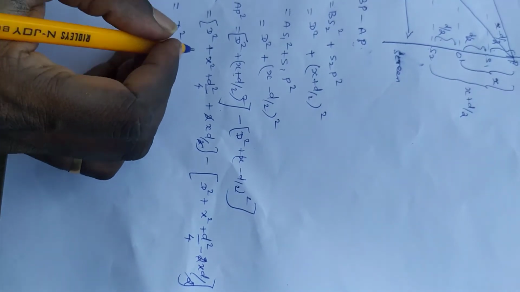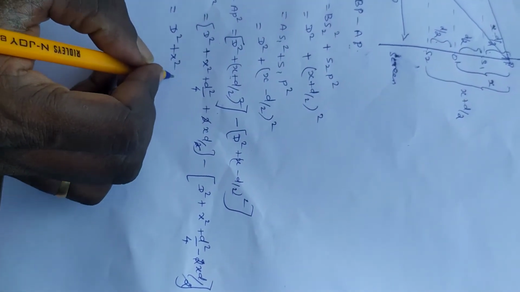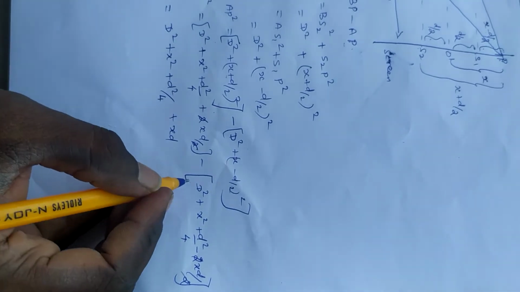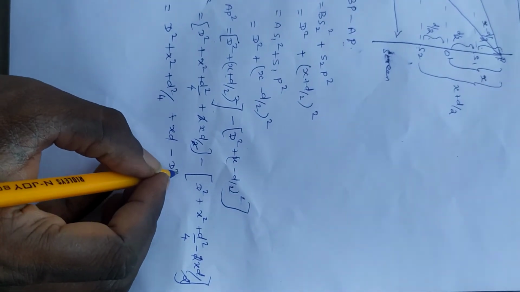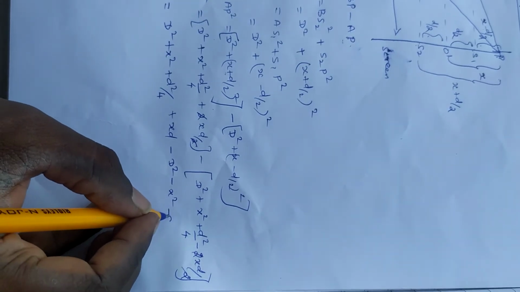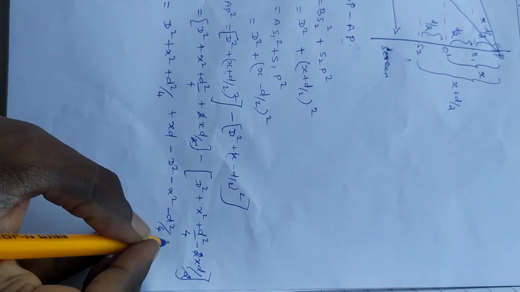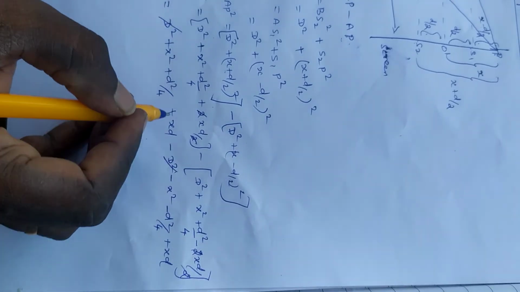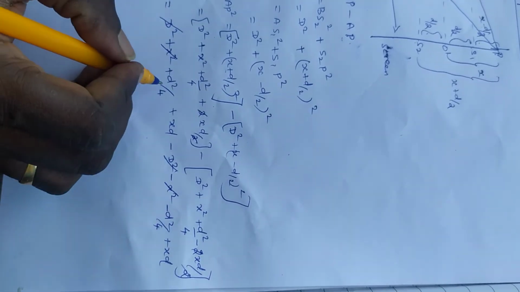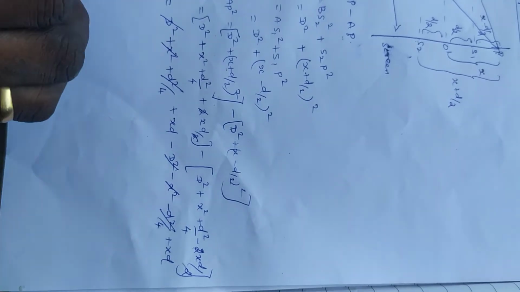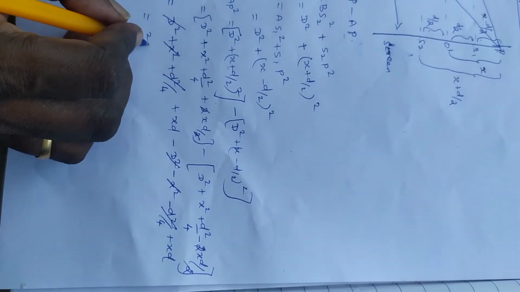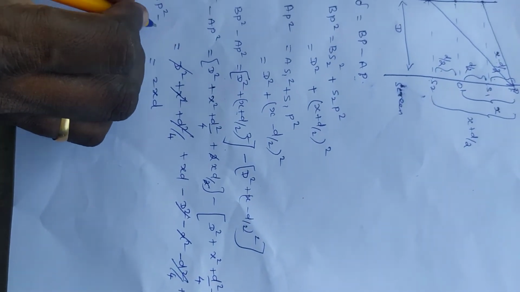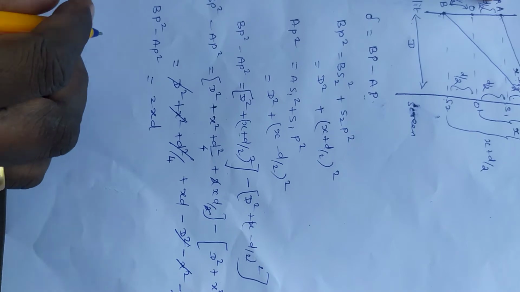So D squared plus x squared plus d squared by 4 plus xd, minus D squared minus x squared minus d squared by 4 plus xd. So D squared minus D squared, x squared minus x squared, d squared by 4 minus d squared by 4 cancel. So it is equal to 2xd.